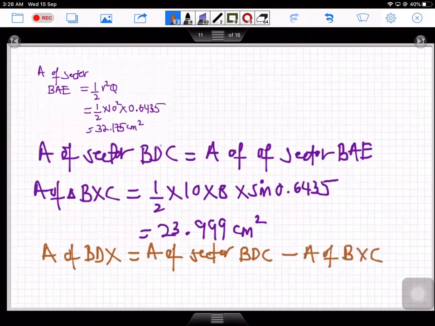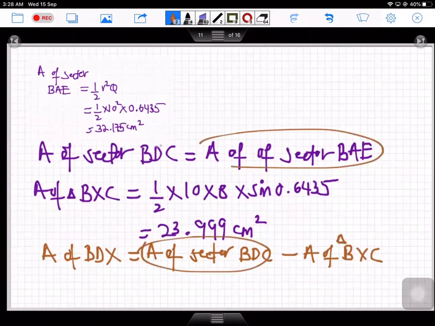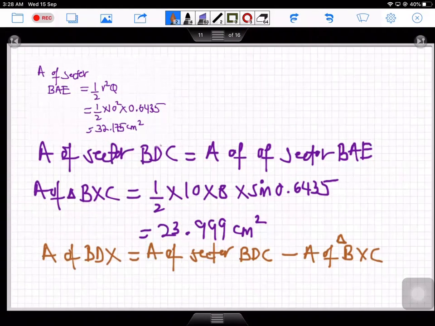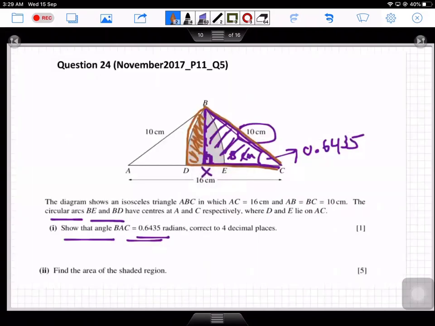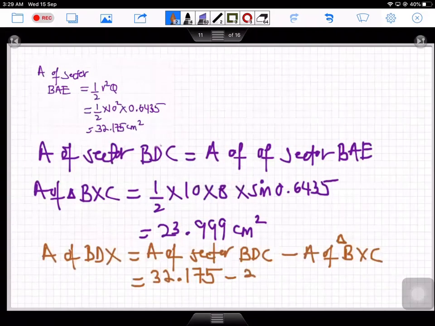Since you know that the area of sector BDC is equal to the area of sector BAE, and this was 32.175 centimeters square, you need to subtract the area of triangle BXC, which we just found, 23.999 centimeters square. So 32.175 minus 23.999.